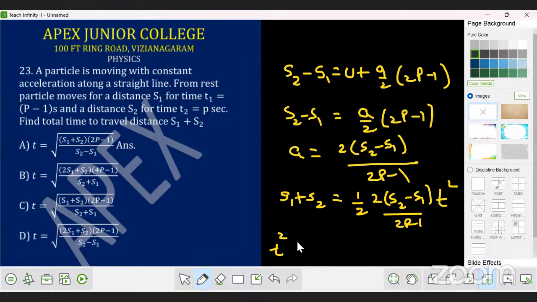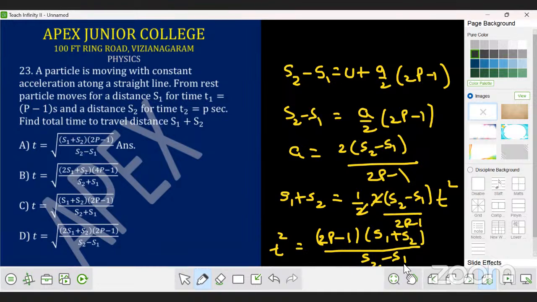Then t square will be how much? 2 into 2, 4, na? Sorry, 2p minus 1, na? Of course, 2 and 2 will get cancelled here. So you will have only 2p minus 1 into S1 plus S2 by S2 minus S1. Then t will be the square root of the same thing.